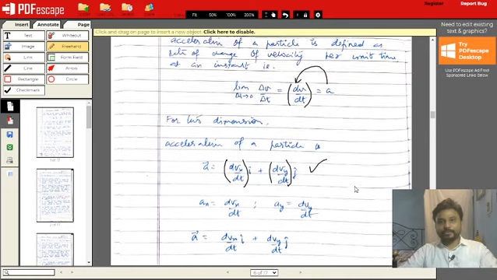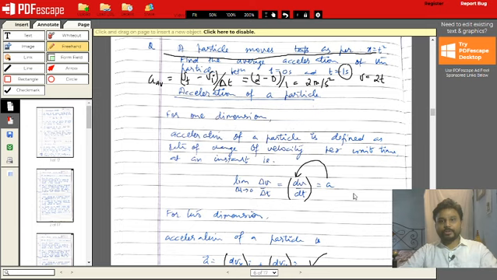Just recapping what we have done. The acceleration of a particle, when we're defining it for one dimension, is defined as the rate of change of velocity of the particle per unit time at a certain instant. Whereas average acceleration was the average rate of change, that is, how fast the change has happened over an interval of time.